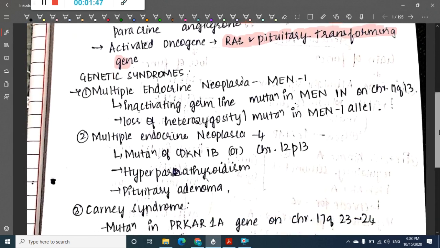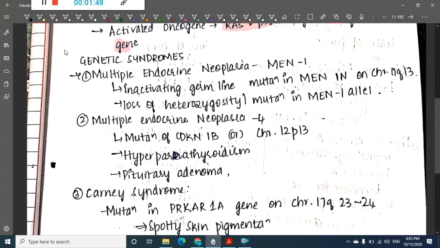Then we have genetic syndromes. There are some genetic syndromes which are associated with these pituitary tumors. One of them is multiple endocrine neoplasia or MEN1. Here there is an inactivating germline mutation in the MEN1 gene on chromosome 11q13, which results in this MEN1 syndrome.